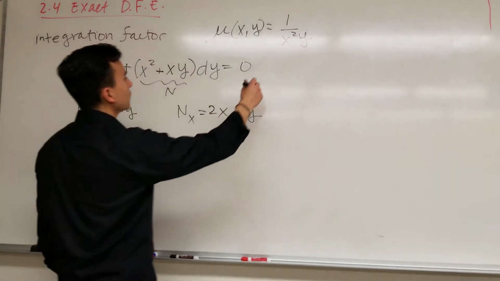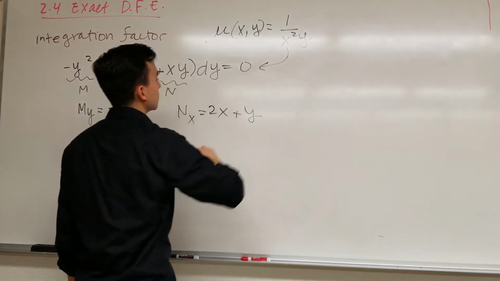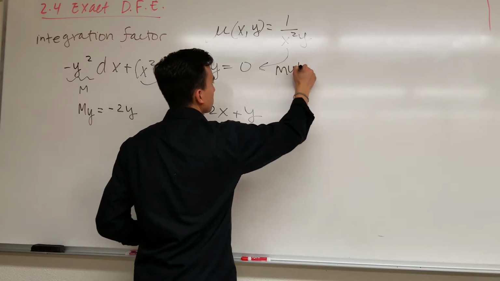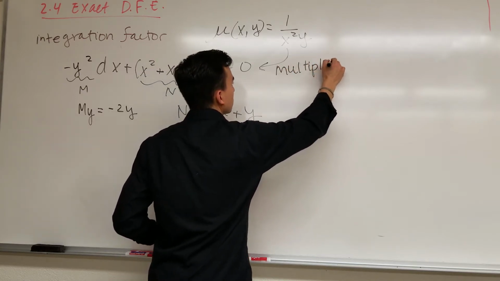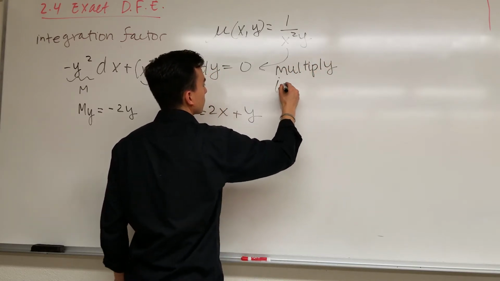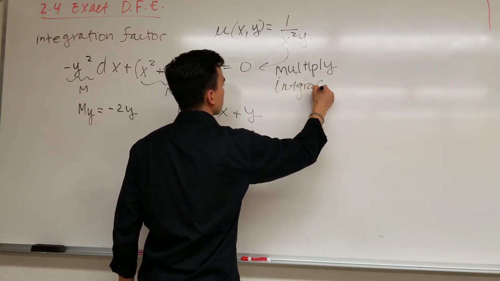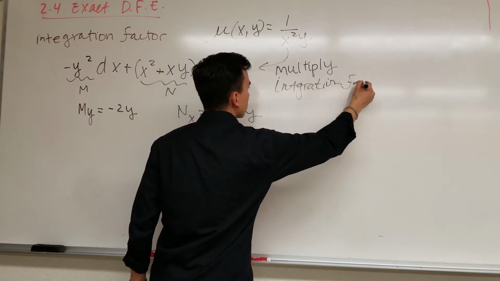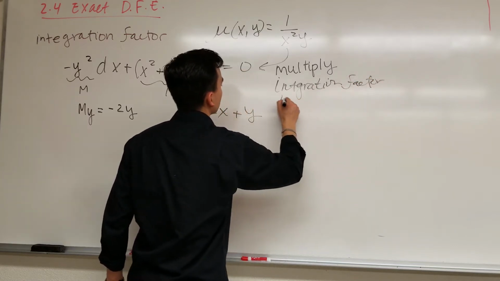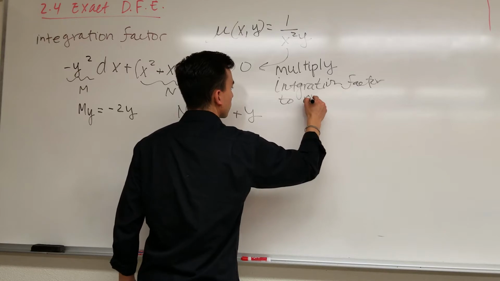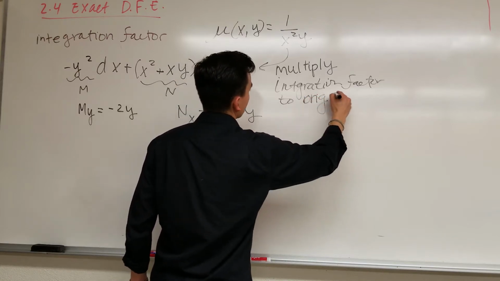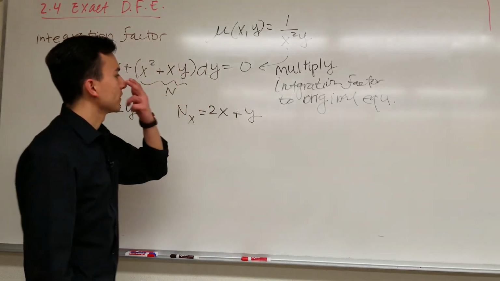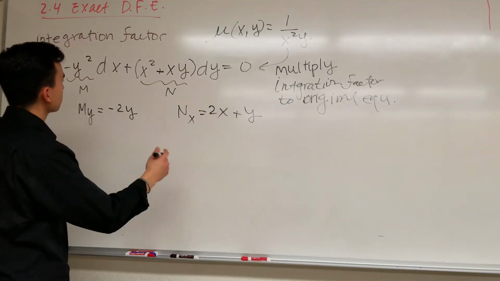So what we're going to use is our integration factor. And we're going to multiply this to the beginning equation. So you're going to multiply the integration factor to the original equation. Great.